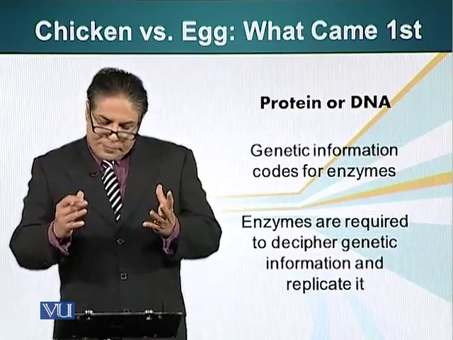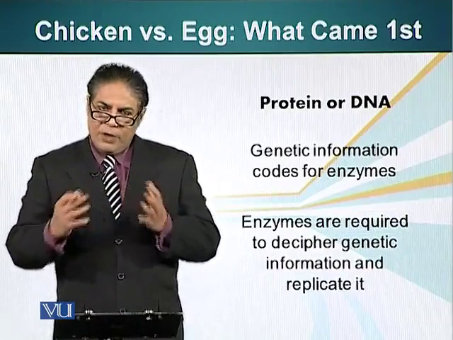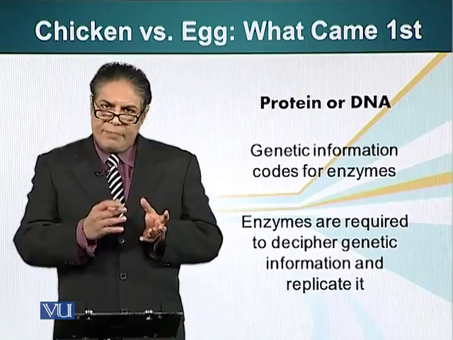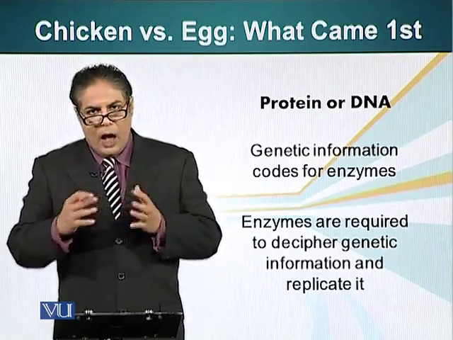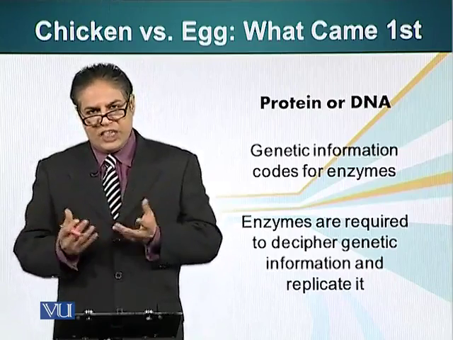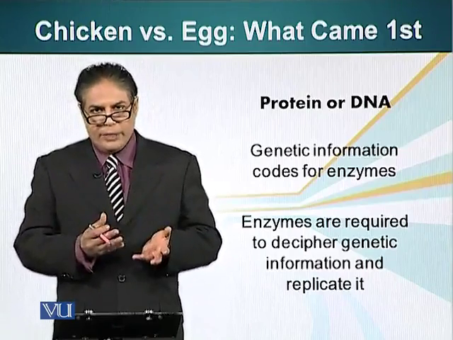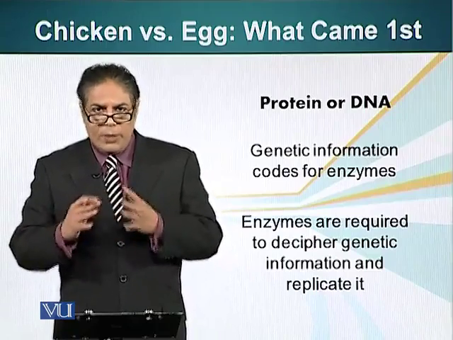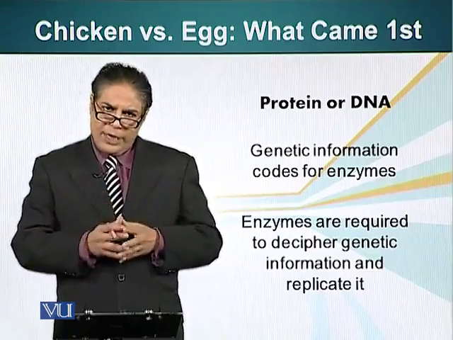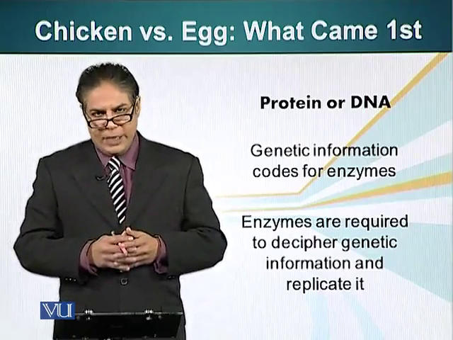So now we have a dilemma. We know that DNA carries the genetic information. However, we cannot use this genetic information without proteins, and DNA cannot replicate without proteins. We'll talk about this process in more detail when we talk about DNA replication.